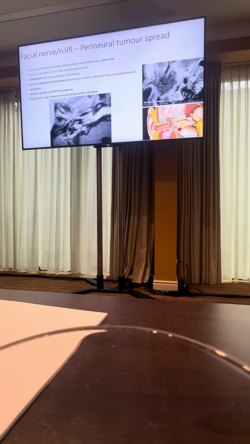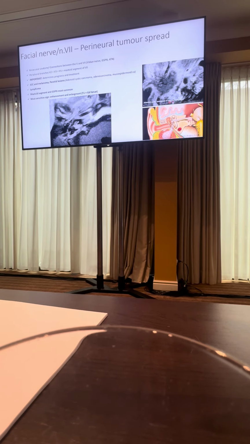Perineural tumor spread is most common on the 5, but also on the 7, and it's very important that you report it because it has implications for the prognosis and the treatment. Most common tumors: squamous cell carcinoma, melanoma, parotid lesions, and lymphoma. And in the seventh, the mastoid segment and the greater superficial petrosal nerve are most common, and the most sensitive sign is enhancement and thickening of the nerves.